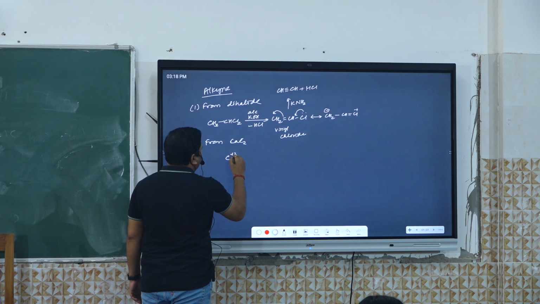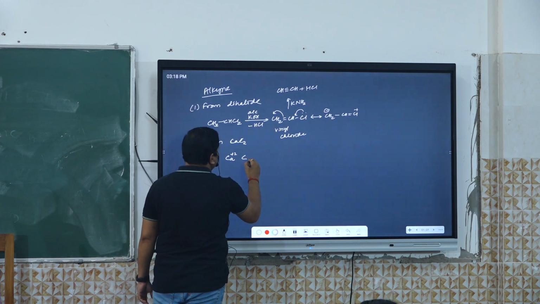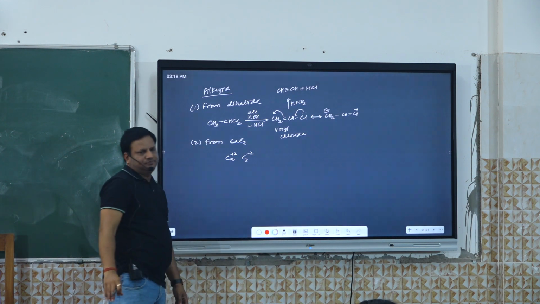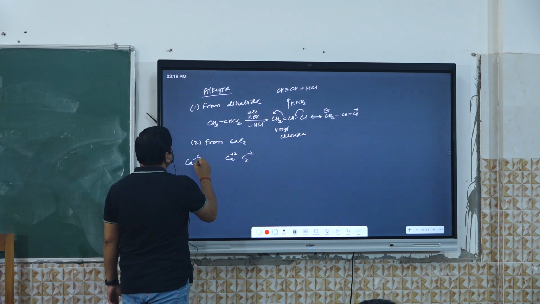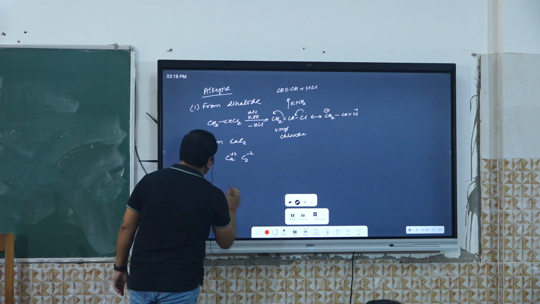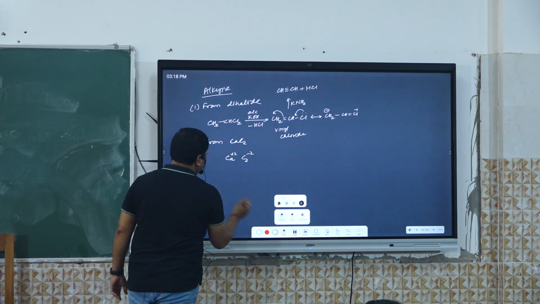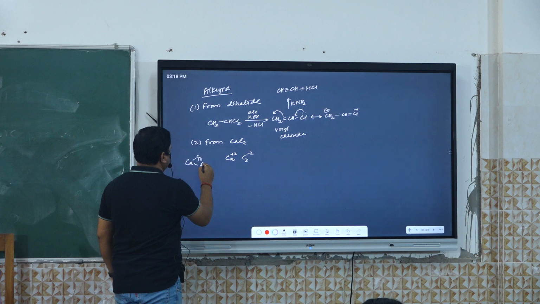It is an ionic compound, so Ca2+ and C2 2-. In many places students write it incorrectly. Is it correct?